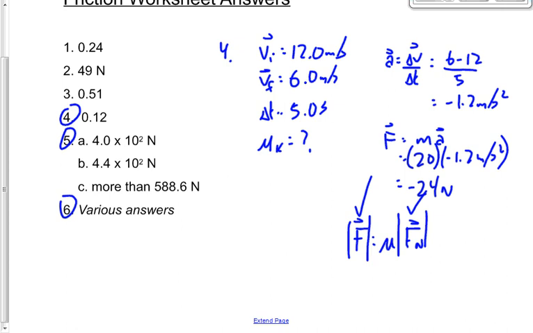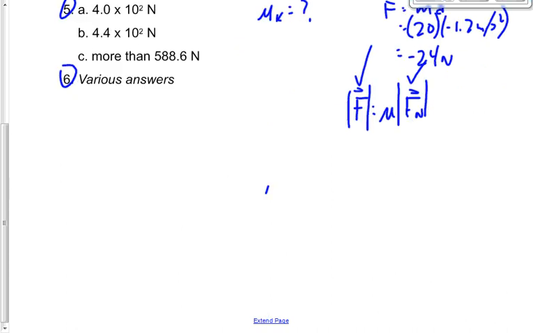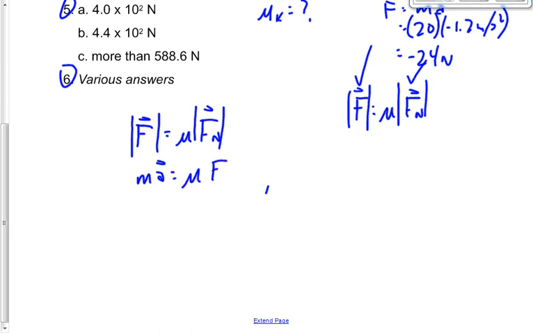The other way to do it, if you didn't want to assume a mass, is to say the force of friction is equal to mu times the normal force. But the force of friction here is also equal to m times a. And the normal force is equal to m times g. So the masses actually cancel. That's why it doesn't matter what mass you use, because it cancels.